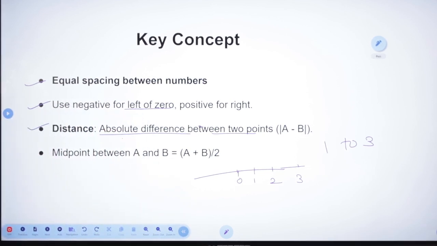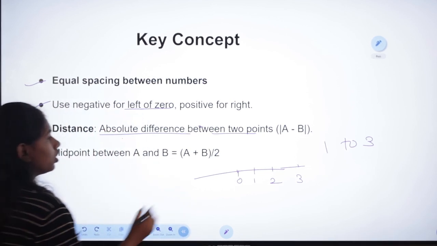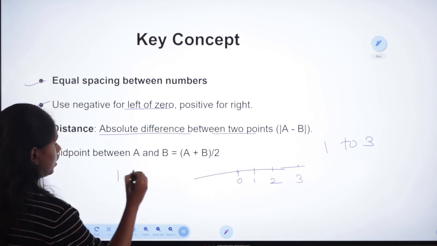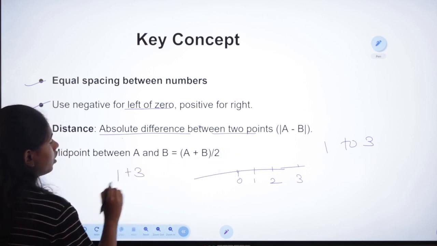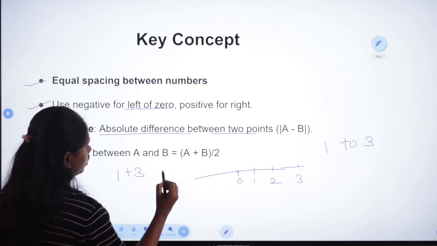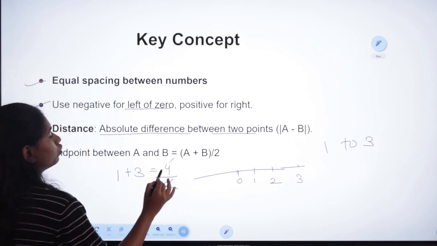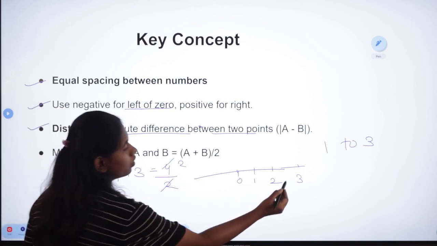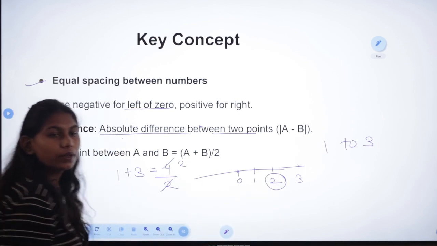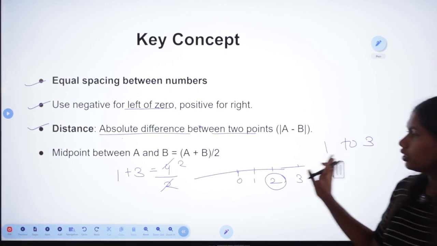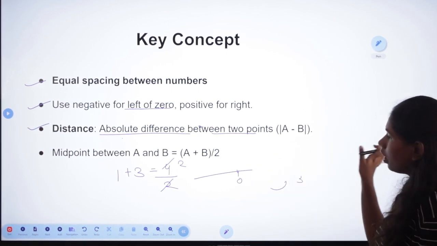Now how will you find this? You take the first number plus the second number given. Add both, then you will get 4, and then you have to divide it by 2. 2 2s are 4. The number which is in the middle is 2.